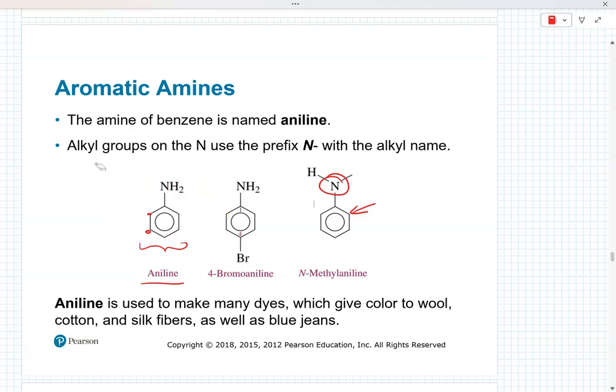So for example, the molecule in the center, bromoaniline, means that bromine replaces a hydrogen located at a carbon. On the other hand, in N-methylaniline on the right, you have a methyl group that replaces one of the hydrogens connected to nitrogen.